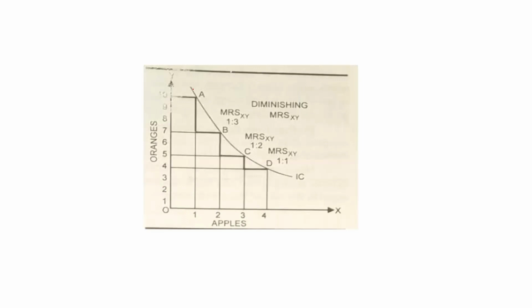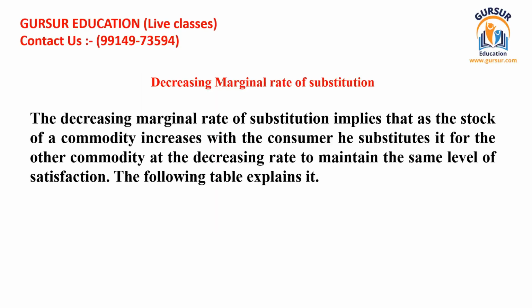When you get this kind of curve, that simply refers to the diminishing marginal rate of substitution. What you have to bear in mind is that when you get a convex kind of indifference curve, this represents a decreasing marginal rate of substitution.